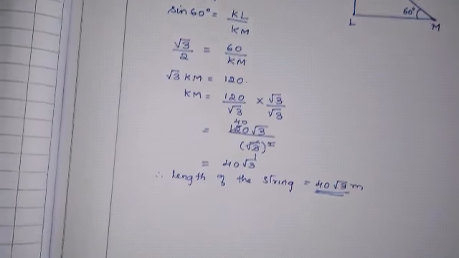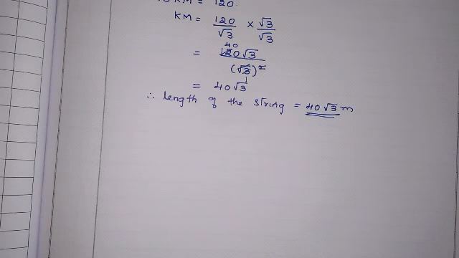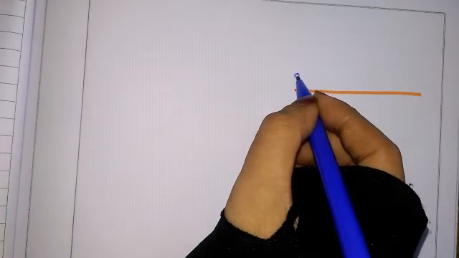Let us start now. A 1.5 meter tall boy. I will take a new page. This is the ground level. Let me use a color. This is the ground level, and this is a small 1.5 meter tall boy.